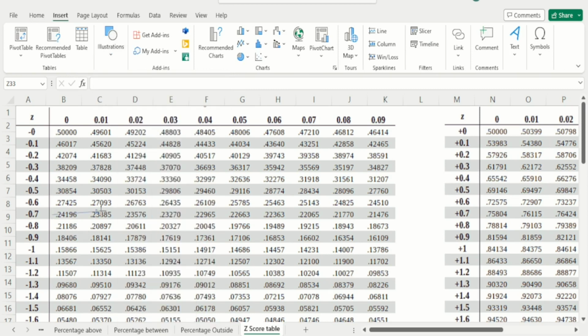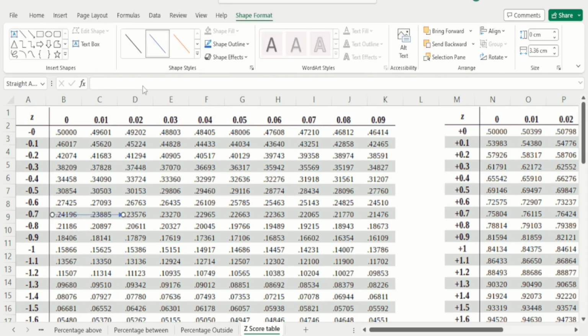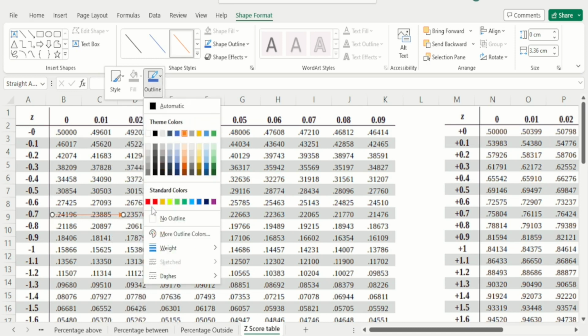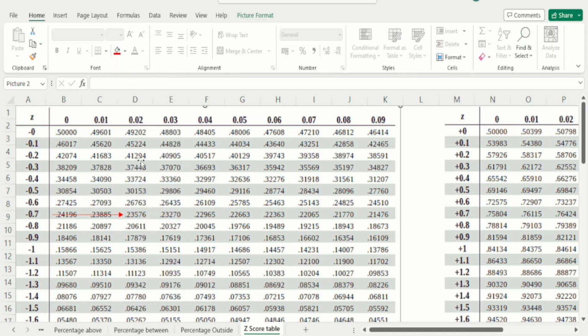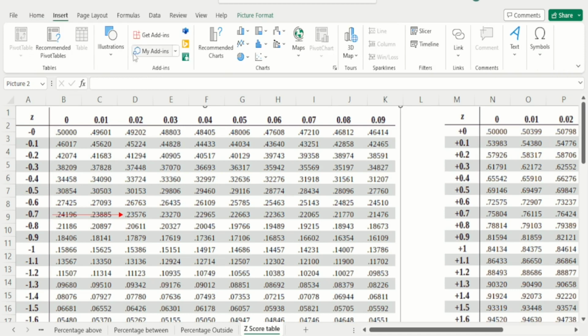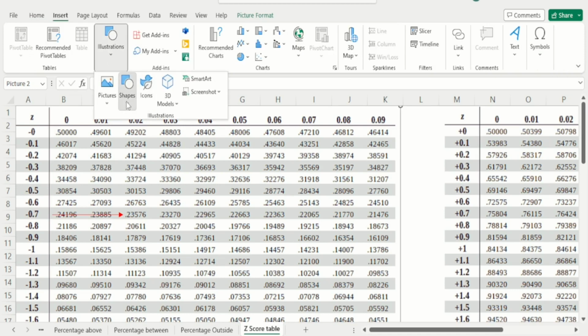So minus 0.7, which brings us here. And 0.02.